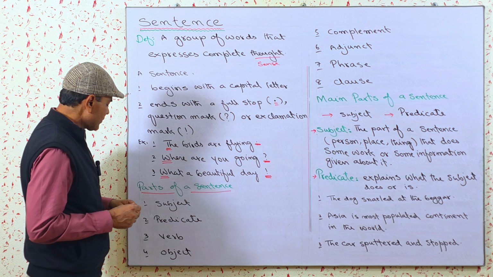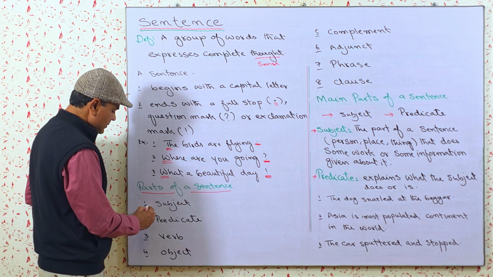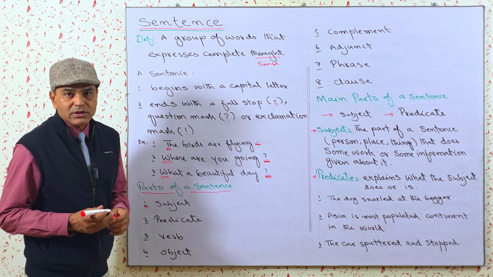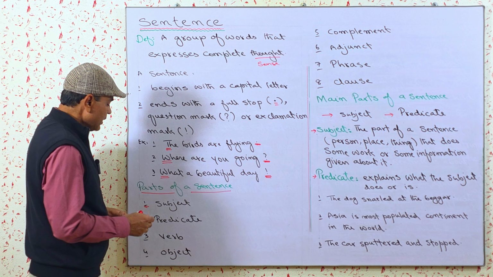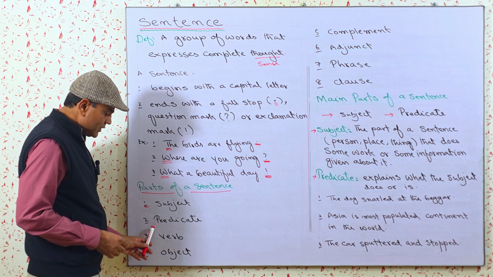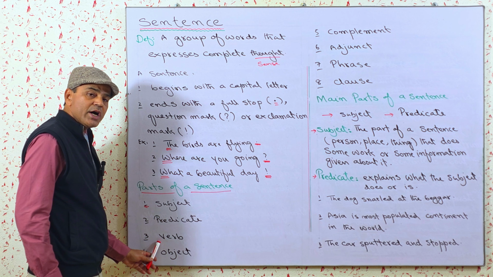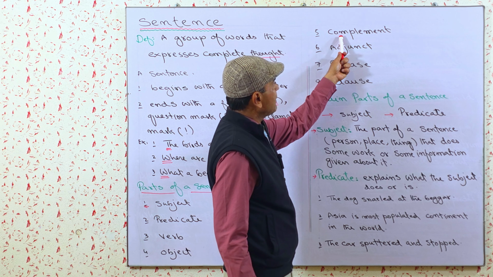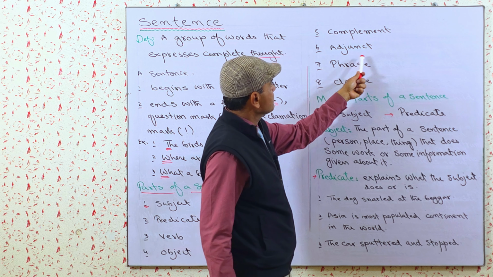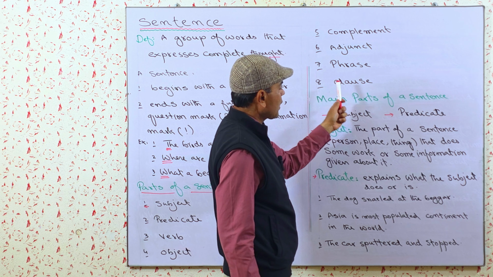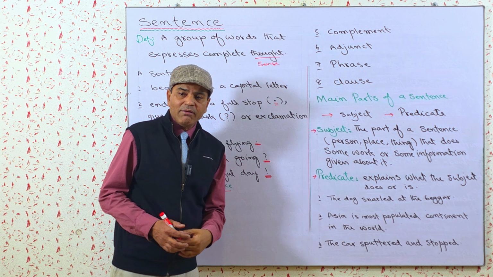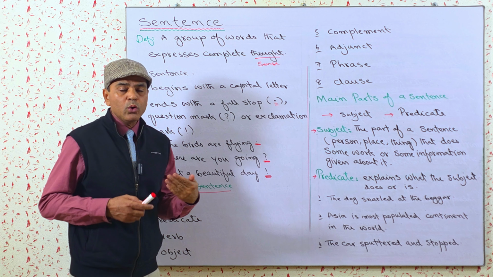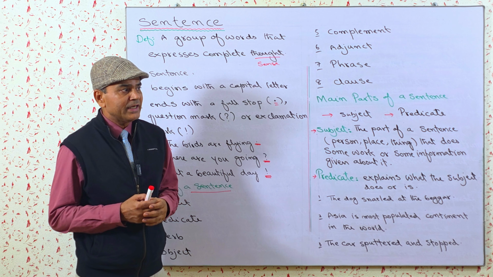Let's discuss. The first part is subject. What is subject? We will discuss it. Then another part is predicate. Then we have verb, object. Then we have complement, adjunct, phrase and clause. So I have mentioned all the possible parts of the sentence.